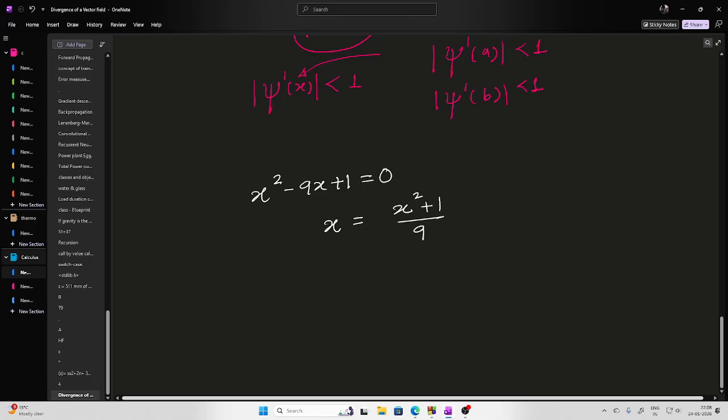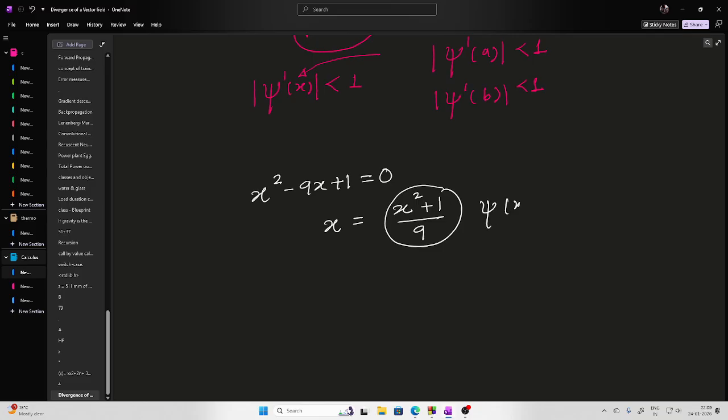This is one of the ways in which I can write this equation. Then this will become my psi x. Then I will find the derivative, that is 2x.